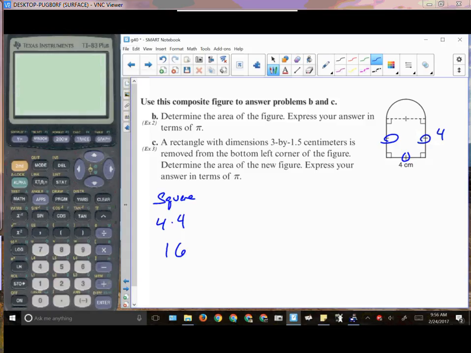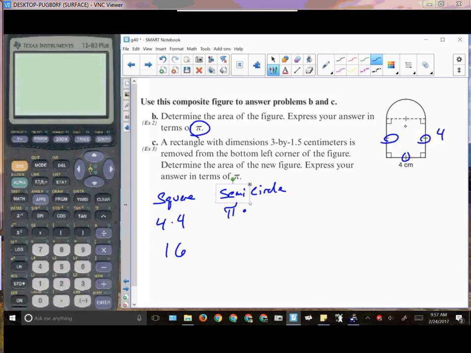Now, I am also supposed to take care of the other shape, which is a semicircle, half of a circle. So, which is going to be pi. Now, they wanted us to keep it in terms of pi, so we are just going to use the pi symbol. Do not use 3.14. So it'd be pi times the radius.